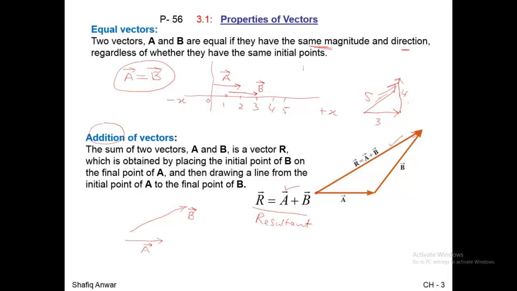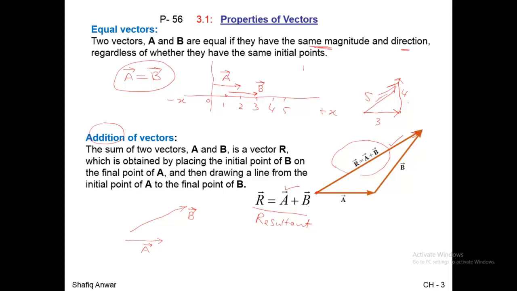So this is your resultant. As I told you, we are talking about vectors, so the resultant vector must have a direction and magnitude. This is a way of writing. It does not mean that A's magnitude plus B's magnitude is equal to the resultant magnitude. No, it is a method of writing that A vector plus B vector is equal to R vector, the resultant. So you can measure the length and that will be the resultant.